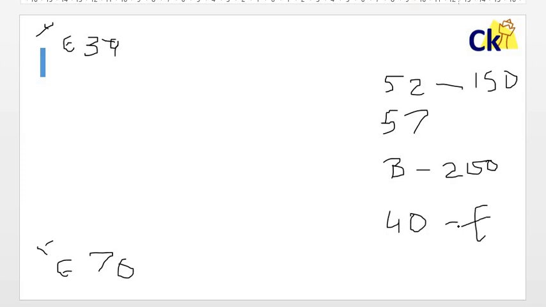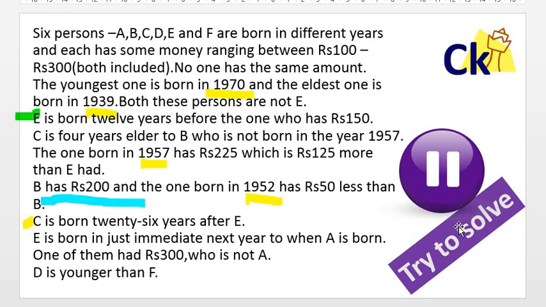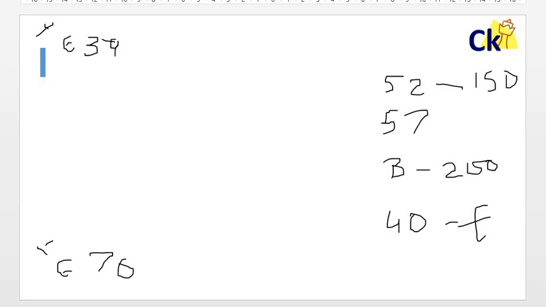Okay, fantastic. Now what we have is, we have 5 years. We have to figure out only 1 year in which the person was born. Now we can use this condition. C is born 26 years after E. We know that E was born in 1940, so C must be born 26 years after E. So 26 after 40 would be 1966.